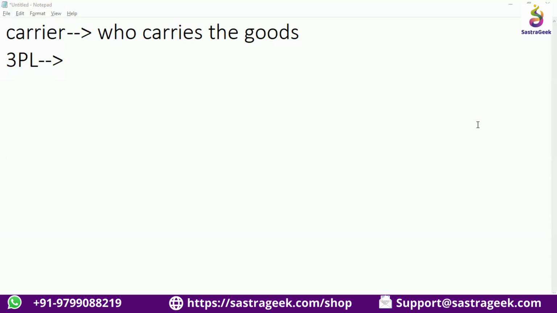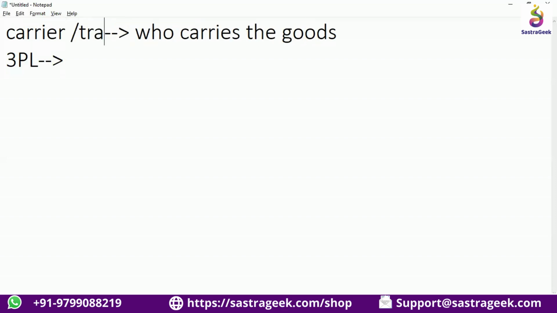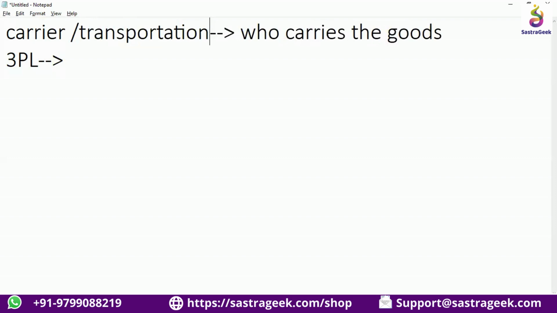I take care of the entire movement so that I can deliver the goods from point A to point B. Transportation is aligned with carrier-based businesses, where you simply move goods from one place to another.